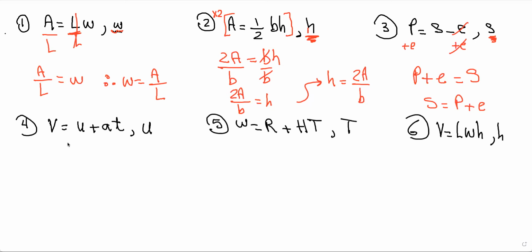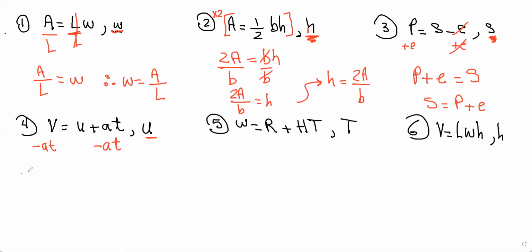So now V equals U plus AT, and they want you to solve this for U. So they want this variable here isolated. This is exactly the same as this, except here, instead of having one variable, you have two variables. So basically just minus AT from both sides, from the left side and the right side of the equal sign.